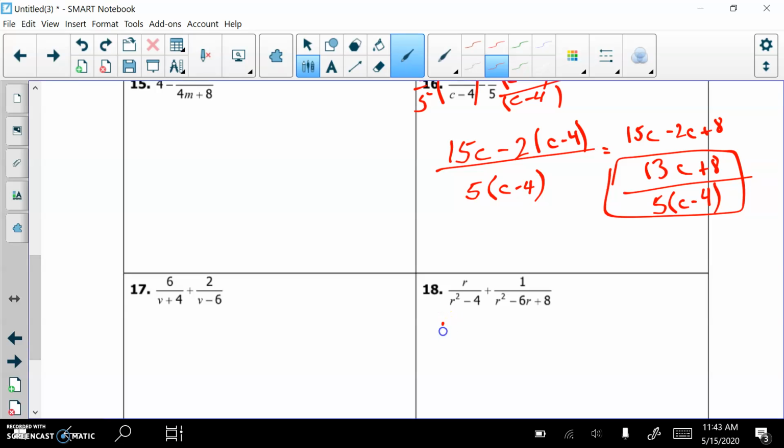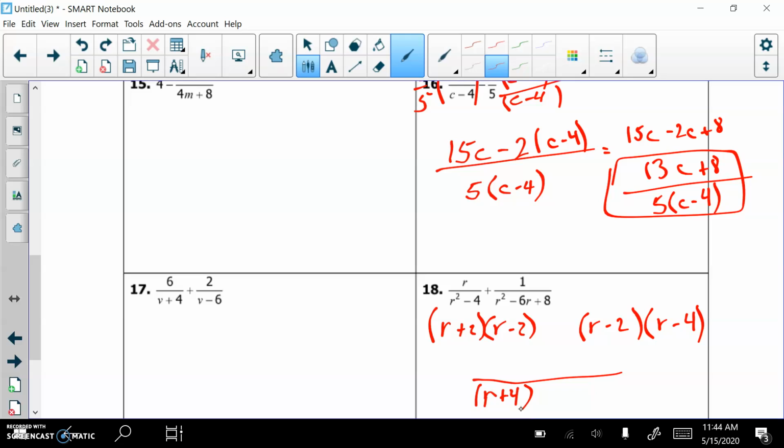Oh, the pressure. r plus 2. r minus 2 is the first denominator factored out. r minus 2. I'm not going to make it. r minus 4. So my fraction, my denominator, let me, before I run out of time, r plus 4.